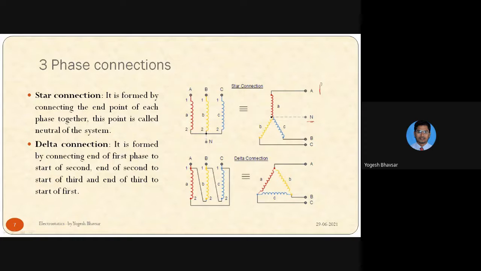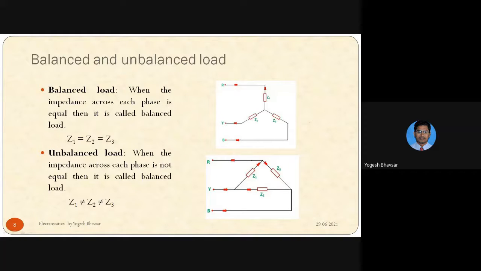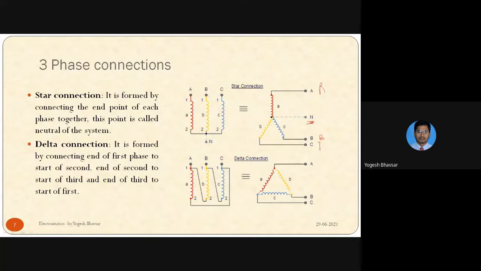So you have R, Y, B, and the next one is the neutral. So a 4 wire connection is for star, and a 3 wire connection is for delta. These are the two very famous connections for 3-phase supply.